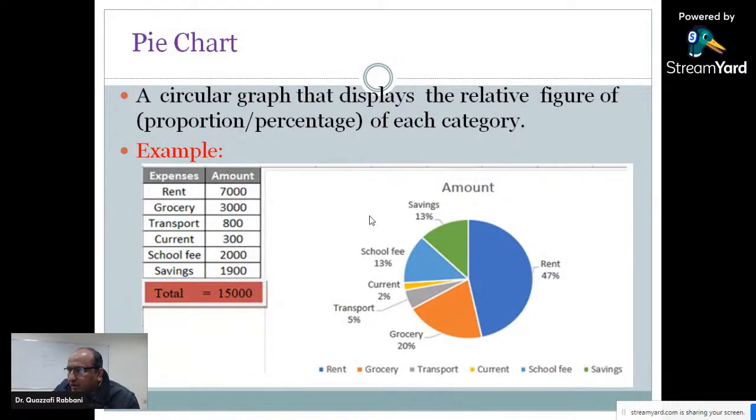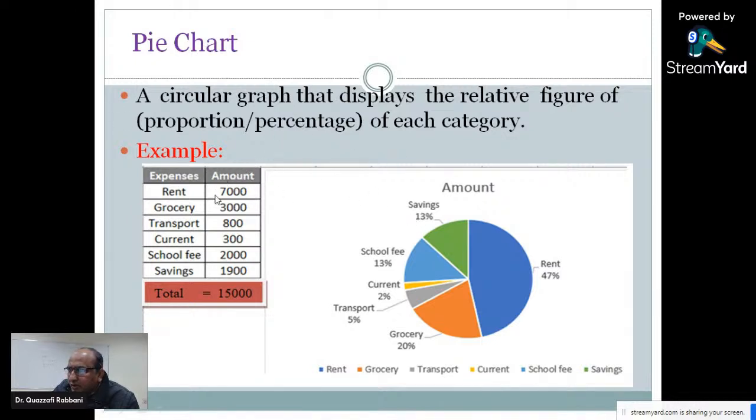Now the next is pie chart. Pie chart is also used if the data is distributed. If you have complete data and that can be distributed among other activity expenses.